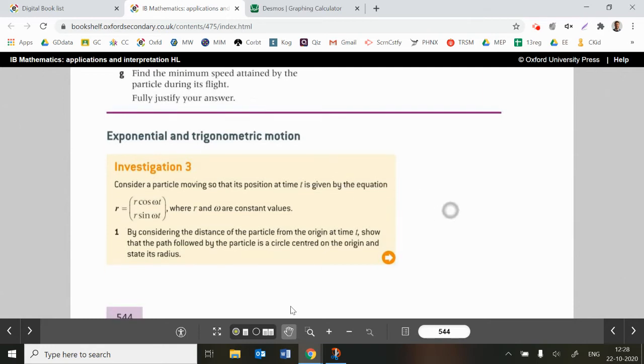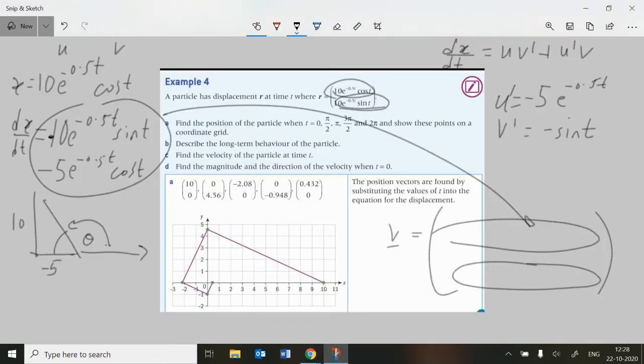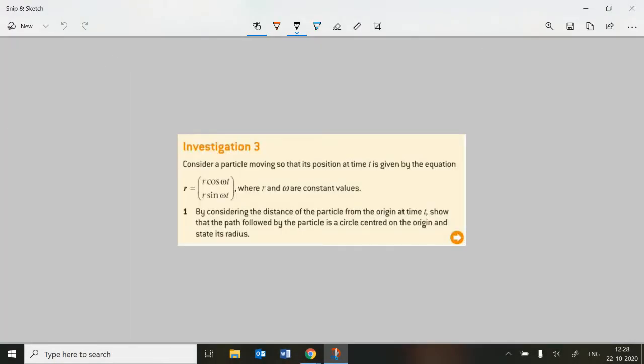Okay, this one, on the other hand, is relatively straightforward, so let's have a look at it. So investigation 3, and it says, consider a particle moving so that its position at time t is given by this equation here, where r and omega are constant values.